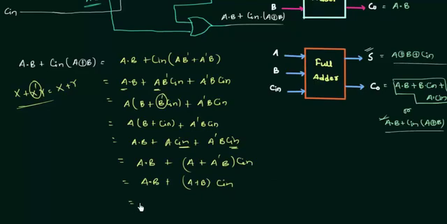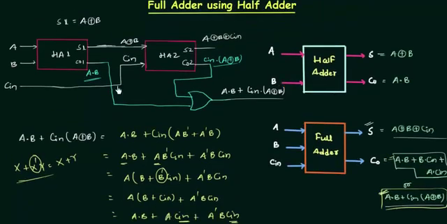That's all. We are done. We have the expression that we needed, A and B or A and Cin or B and Cin. So this is how you can prove that this expression is same as this expression, and this expression is easy to remember and also easy to obtain the circuit.